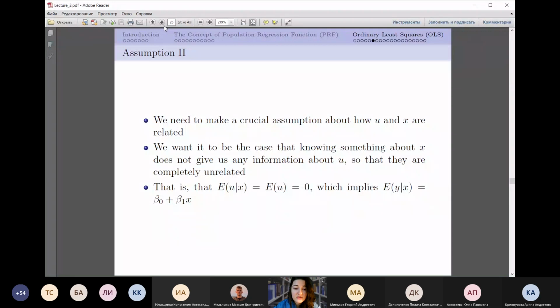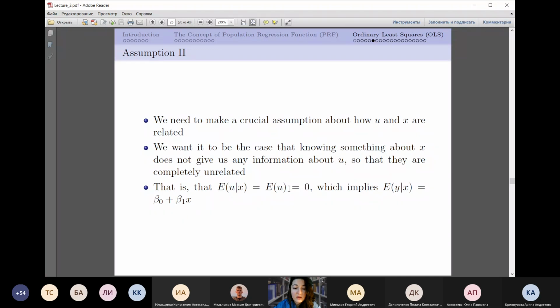So the average value of the unobservables is the same across all slices of the population determined by the value of x.